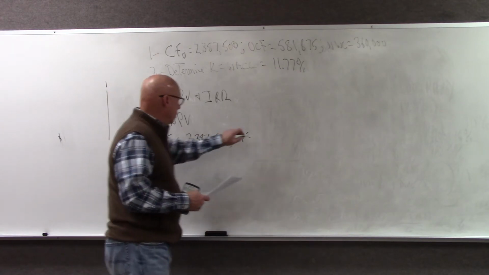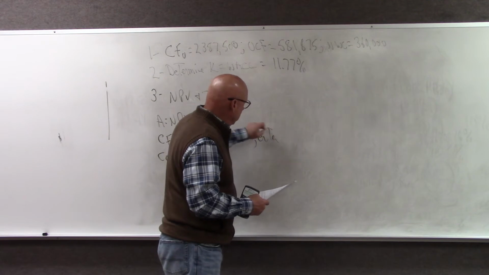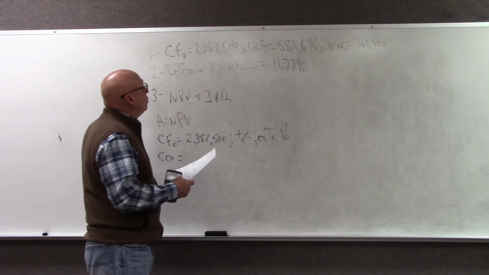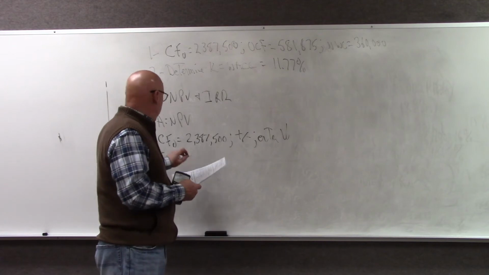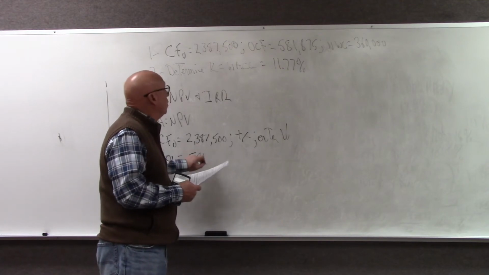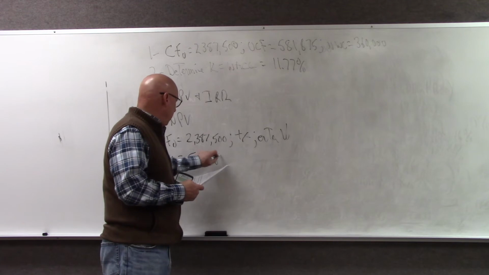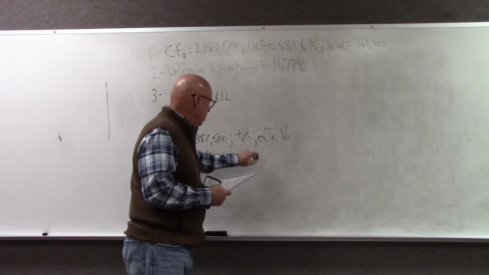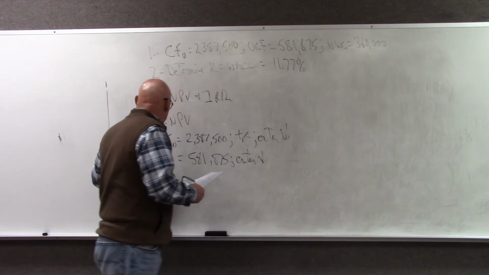CO1, so this is enter and down arrow. CO1 is equal to 581,875. Enter and down arrow. FO1.